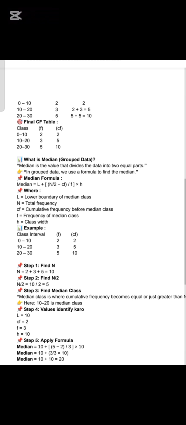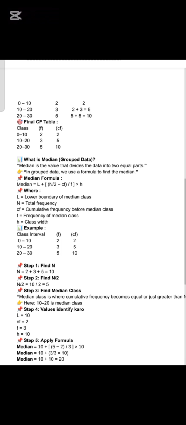Now move to the topic, what is the median for grouped data. We already know about the median. Median is the value that divides the data into two equal parts. In grouped data, we use a formula to find the median.